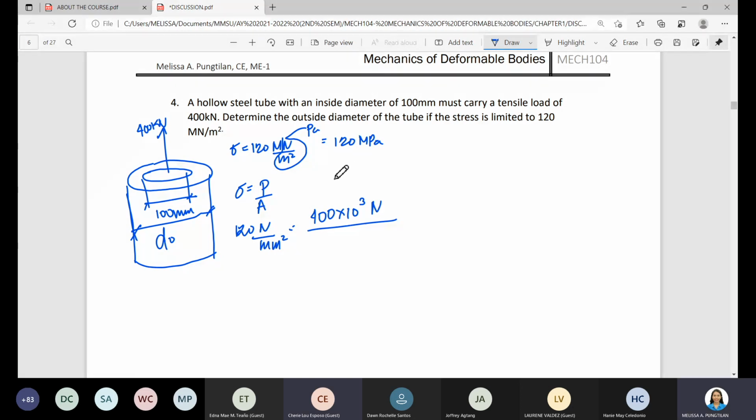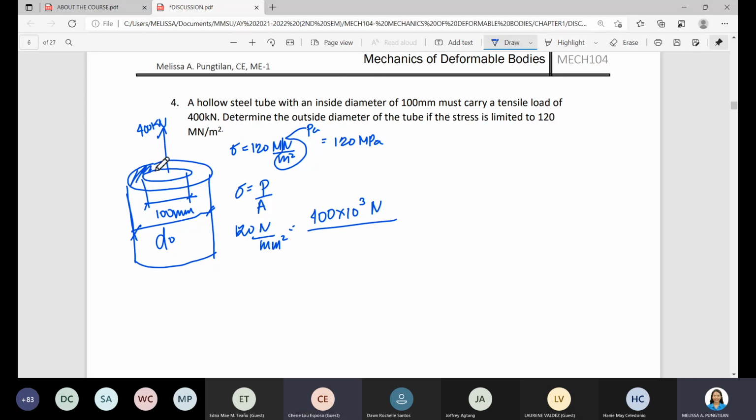So, di ba sa ating simple stress or normal stress, the area is the perpendicular area or yung ating resisting area is the area perpendicularly sa ating force. So, ano yung magiging area natin that is perpendicular to our 400 kilonewton?